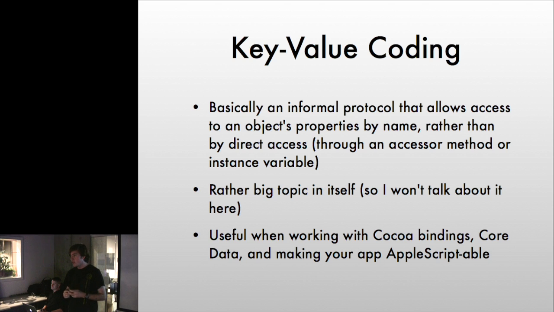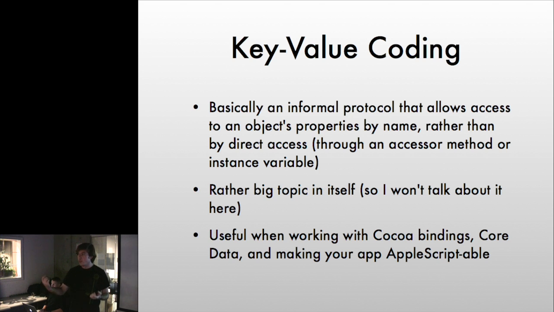Key value coding and key value observing is itself a very large topic that I don't have time for, and I didn't have time to make slides about it. So there are some links to how to do key value coding. Like I said, it's a fairly simple idea, but there's a lot of power to it. And Apple notes that key value coding is really useful not only for Core Data, but if you want to work with Cocoa bindings, which is a really cool way for when you have some user interface element whose value is logically bound to the value of some variable in your program, where every time you change the string, a label updates, for example.